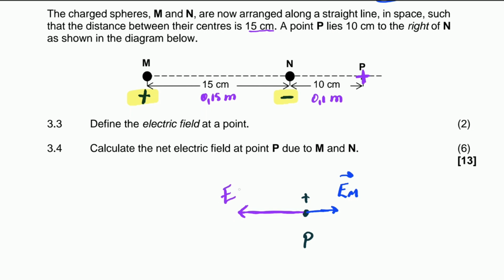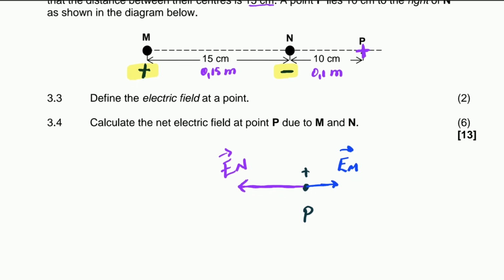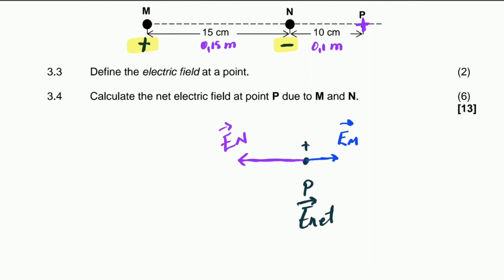So this is electric field N. Now they ask us to calculate at this point P the net electric field. And remember, we're talking about vector quantities, guys. So the net electric field, which I'm going to write on this side here, will be the vector addition of electric field N plus the electric field M.